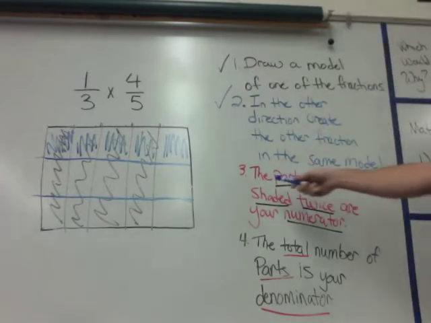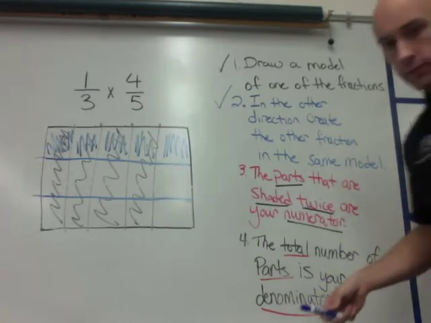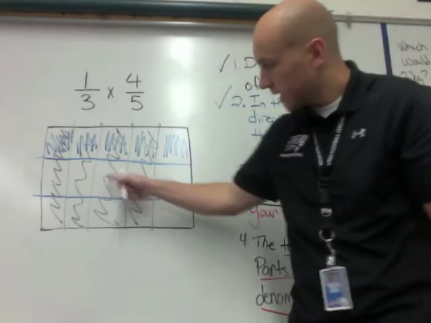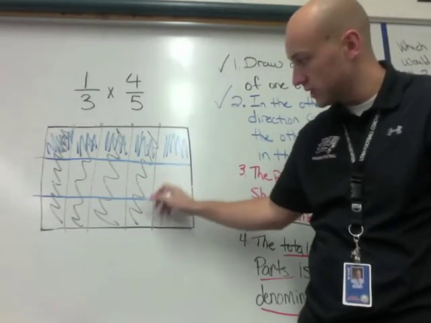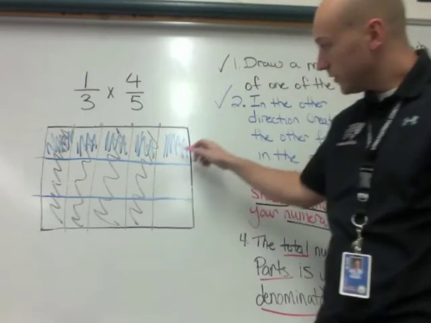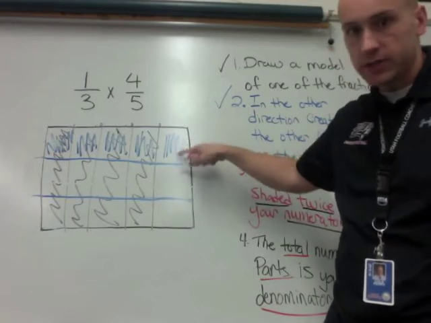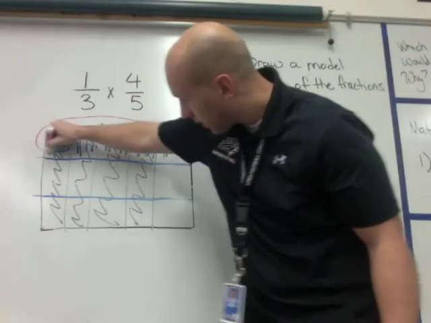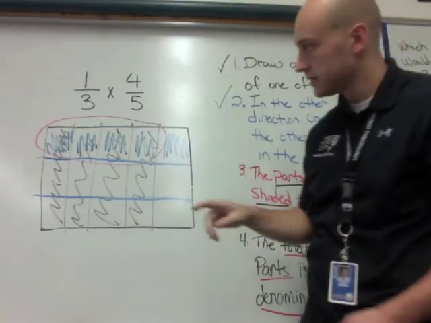Okay, step number 3. The parts that are shaded twice are your numerator. So let's take a look. These ones are shaded in. These were part of the 4/5, but they're not shaded twice. We only shaded those in once. This one right here is part of the 1/3, but it's only shaded in once. These 4 right here are the ones that are shaded in twice.